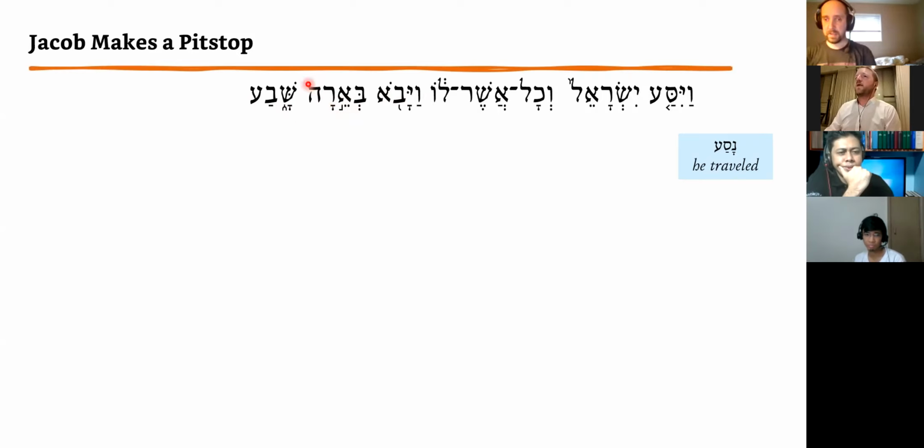Try to drop off that. Be'er Shava. And realize that this is a pausal form here, and that would normally be Be'er Sheva. Okay. So that's a place. That's Beersheba.